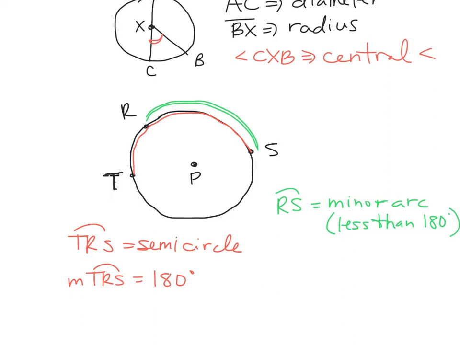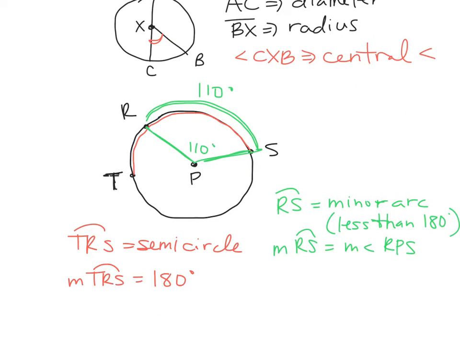And then the measure of that arc, so when I put the M in front of it, I'm talking about degrees, is going to equal the measure of angle RPS. So if I can find this angle measure, okay, so let's say this is 110 degrees, then my arc is also 110 degrees. So a central angle is always the same measure as its arc, okay? How are we doing so far? Good?